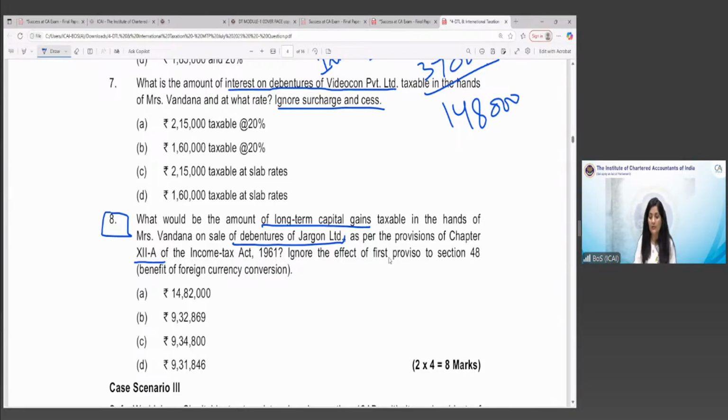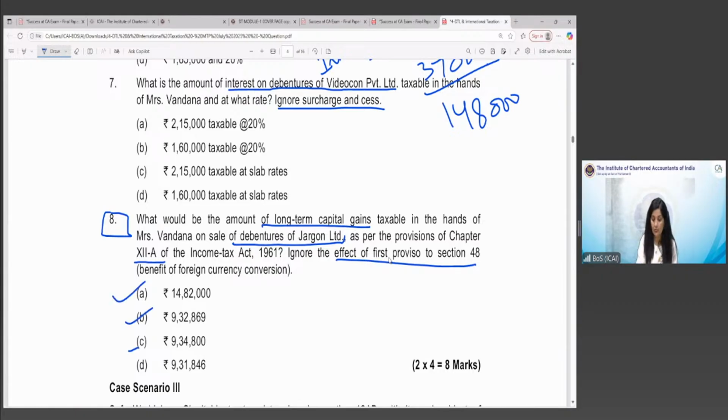And ignore the effect of first proviso to section 48, that is benefit of foreign currency conversion, because indexation benefit is not available when you are opting for this chapter 12A. Of course foreign currency benefits you have to apply, but here the question is specifically asking you to ignore that.